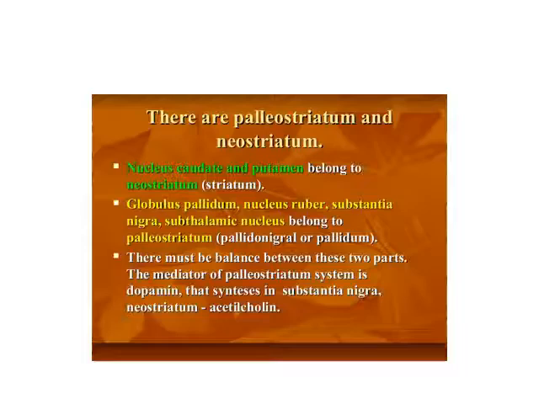Affection of these two parts gives a different picture, and there must be a balance between them. The neurotransmitter of the paliostriatum is dopamine that is synthesized in the substantia nigra, and the mediator of the neostriatum is acetylcholine.